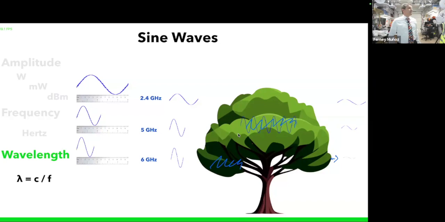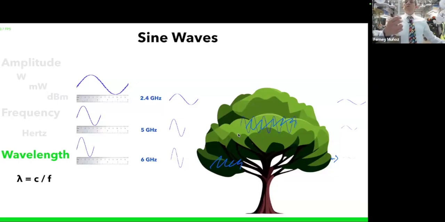And then the antennas are ideally the size of the waves. So if you have a 2.4 wave that is 12 centimeters, the perfect scenario is that you have a 12 centimeter long antenna. And you can put a 12 centimeter long antenna on your iPad, no problem.